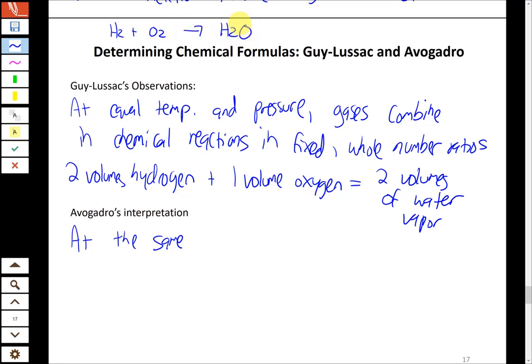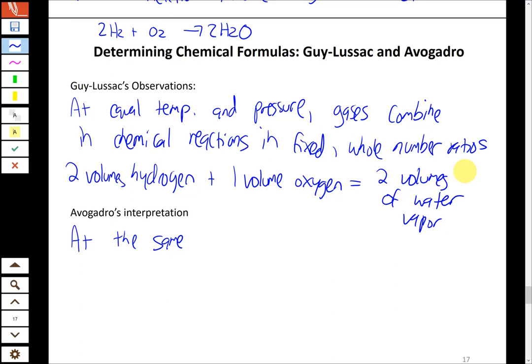This is the part that's not going to make total sense right now. If you balance that reaction, you have to do it that way. So don't worry about those details right now. That's for later in the course. But the point is that you have very simple ratios involved in all cases. And it's always the same ratio for any 2 gases that react with each other. It doesn't matter how you do that reaction.